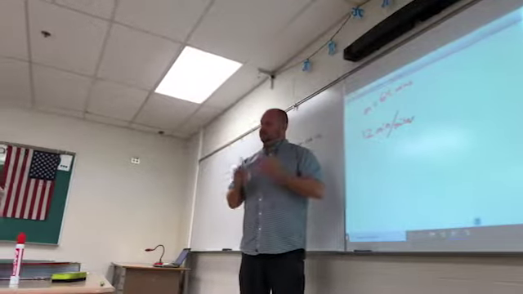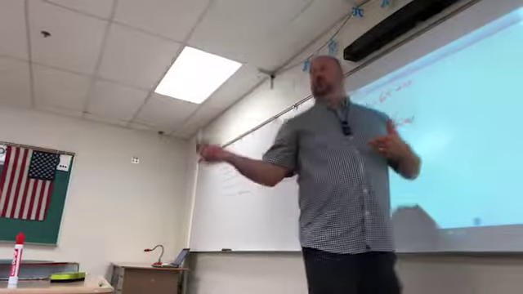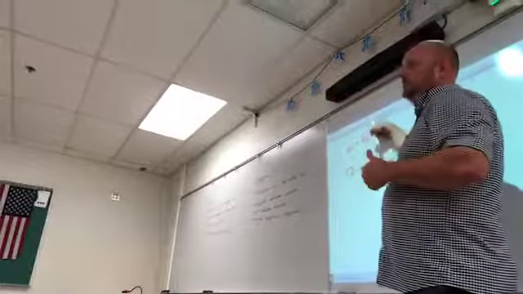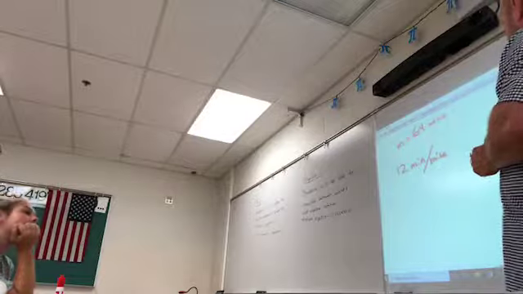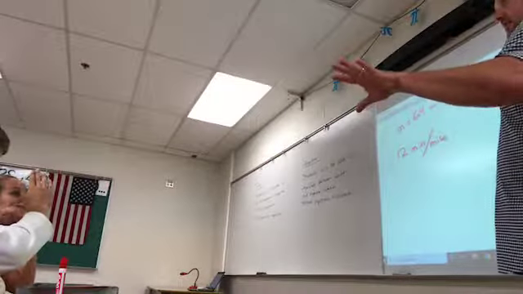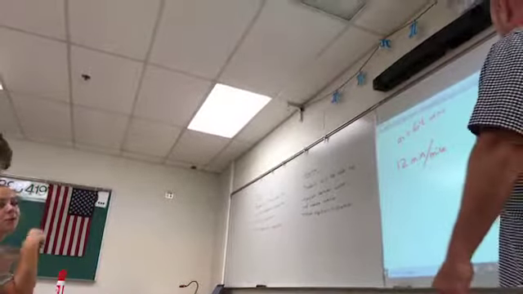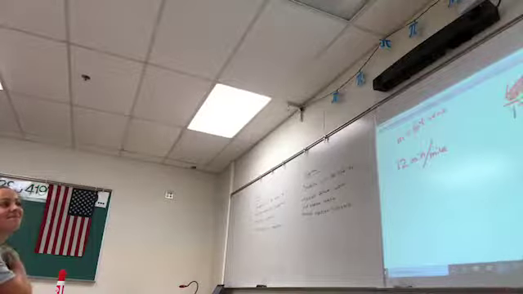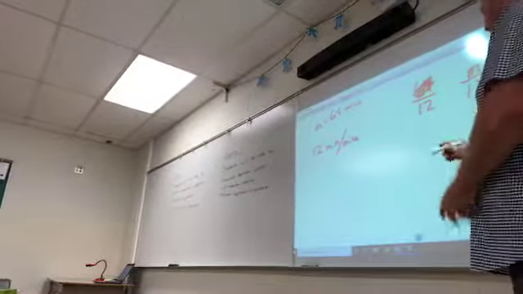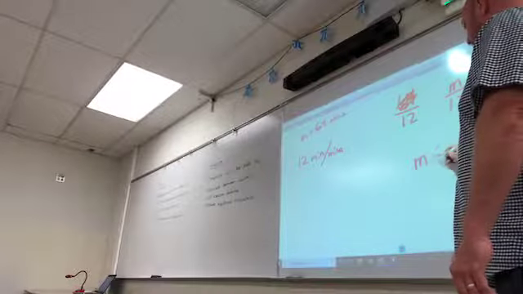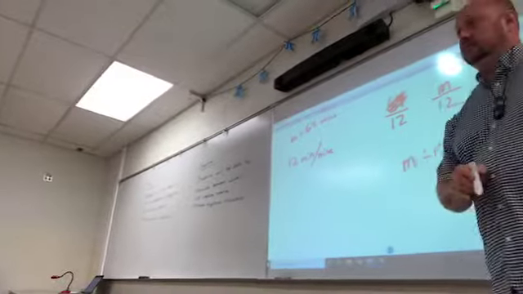You would divide. Would you do 12 divided by 64 or 64 divided by 12? 64 divided by 12. So all you do is take that 64 and turn it into an M, because we don't know what that is. So this would have been right.